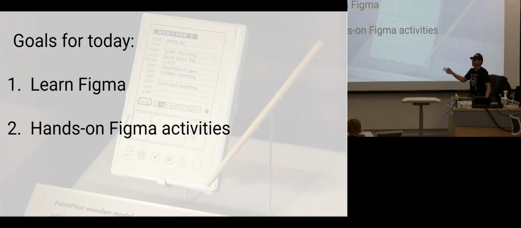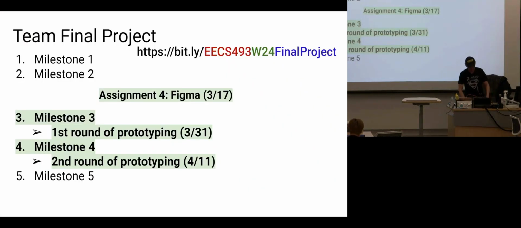The two goals for today are basically to learn Figma, and we also have some hands-on activities spread throughout this lecture, so you can practice learning Figma through activities. Why do we need to learn Figma? For the purpose of this class, we will be using Figma for a lot of the exercises, assignments and project milestones.